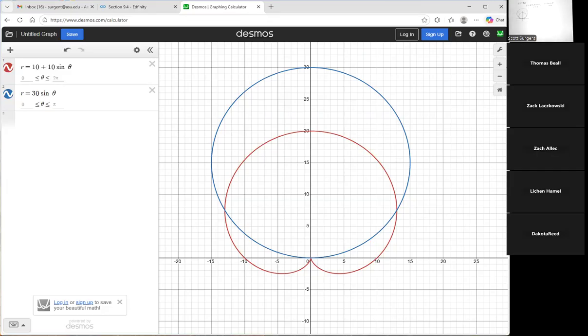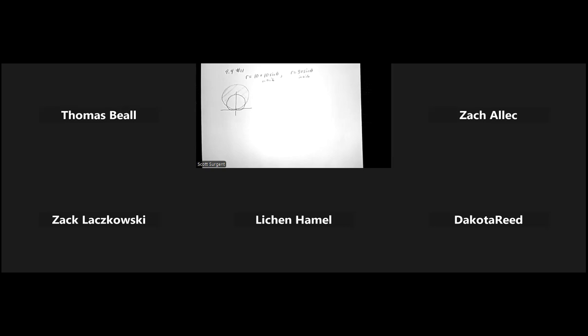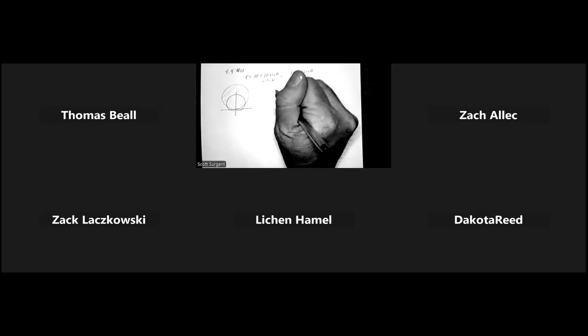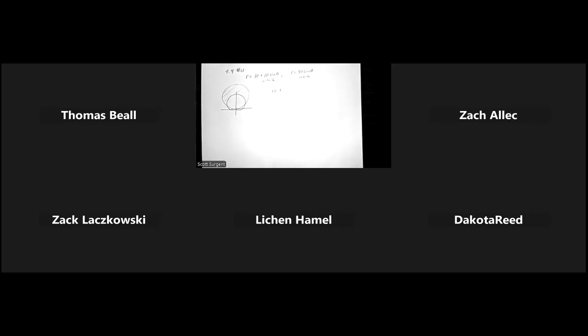Okay. So your question was setting up the bounds, correct? Correct. Okay, so we need to figure out where they actually cross. So we can set them equal to each other.